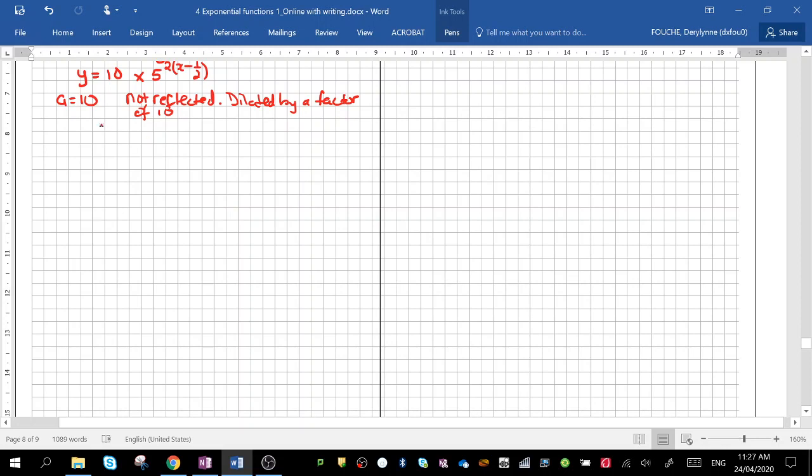Our b value, so our small b value, because we've taken that 2 out, it's equal to 2. Again, because it's positive, it's telling us it is not reflected. And it is dilated by a factor of a half.